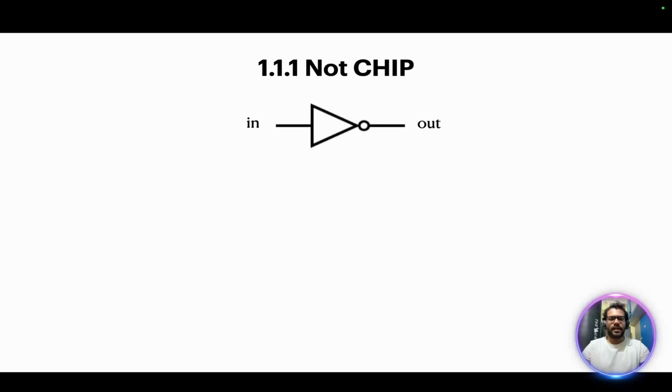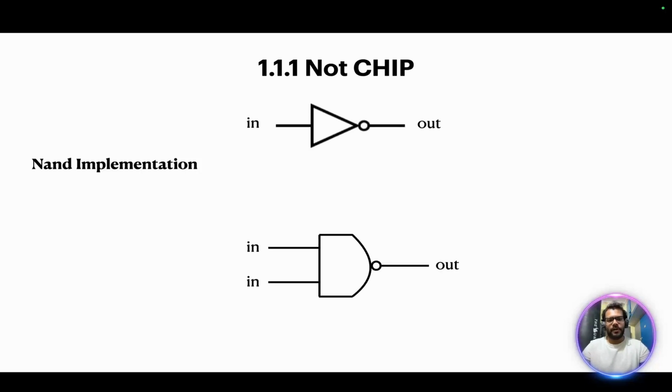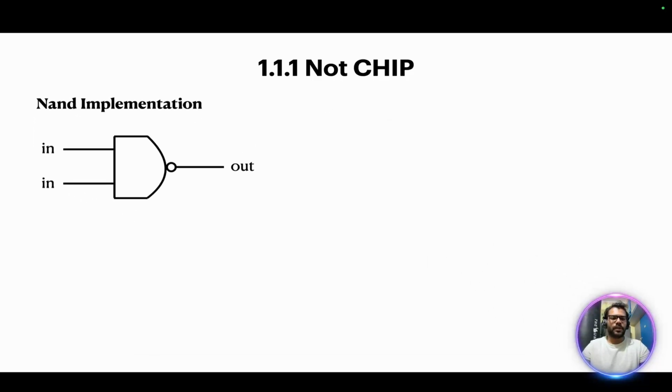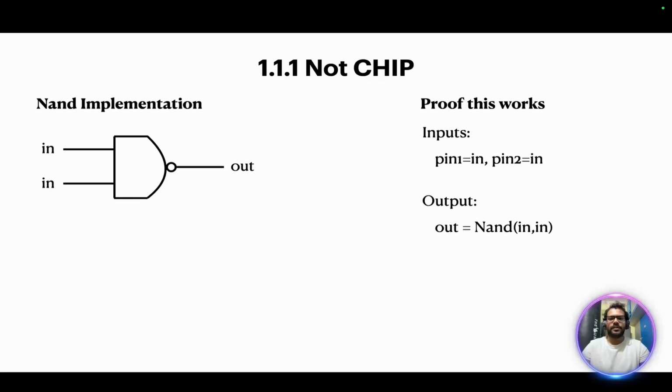Now, let's start looking at the implementation. You have a NAND gate and you have two pins, A, B and output. I'm simply passing input and input for both the pins, and the output is expected to be input dash. Let's prove that this implementation in fact gives us the NOT chip or the NOT logic. So both the pins are taking input.